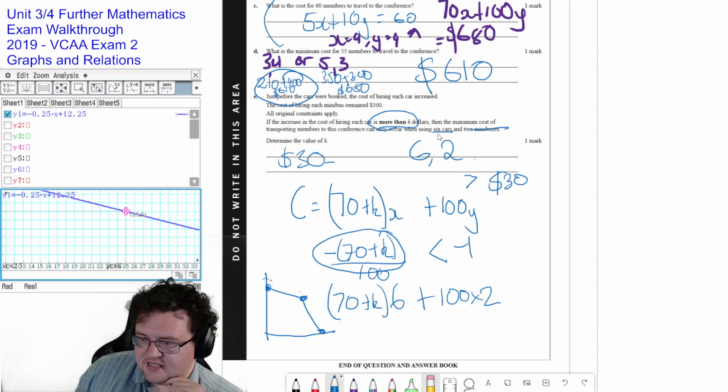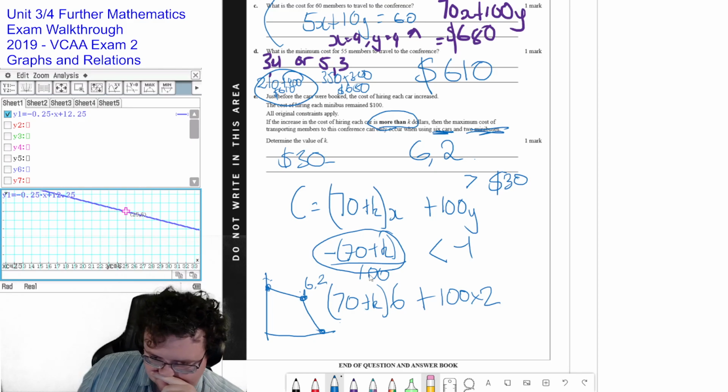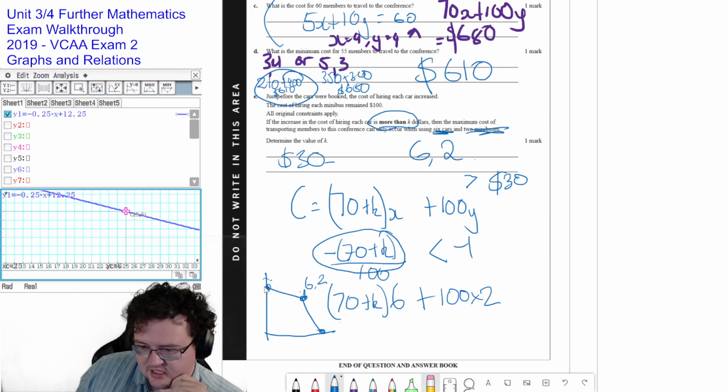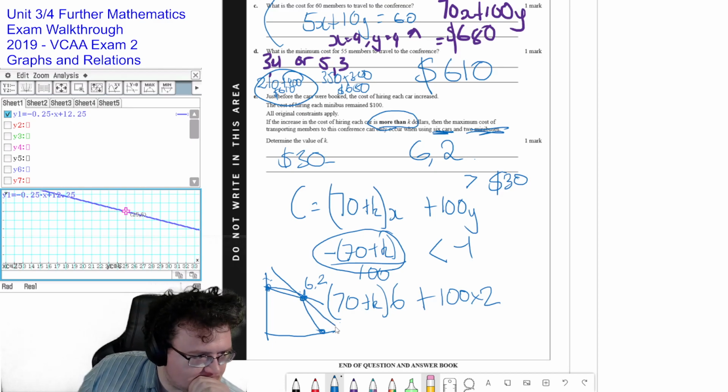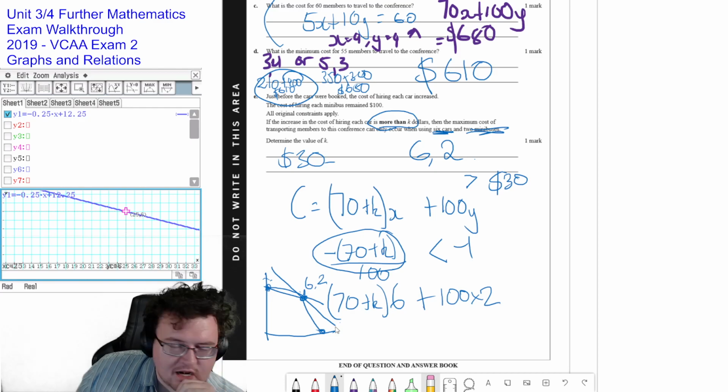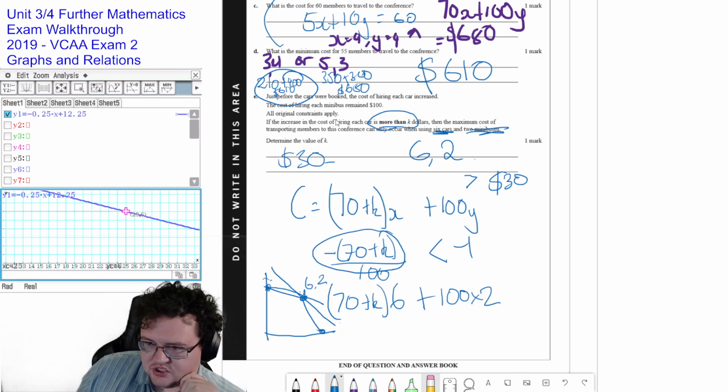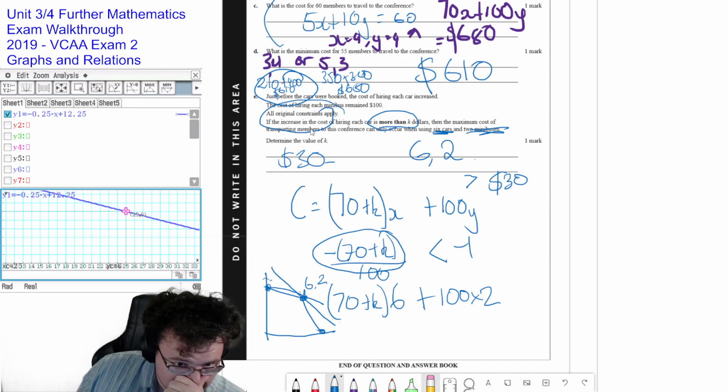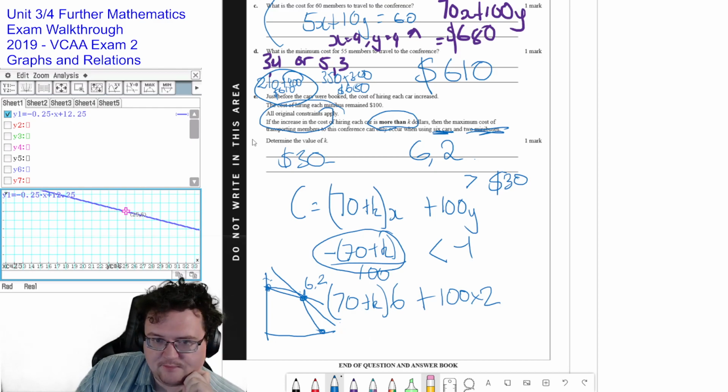If there's a corner at 6,2, like for example, we can say this one is, then any line going through it has to have a negative gradient. All of the other constraints still apply.